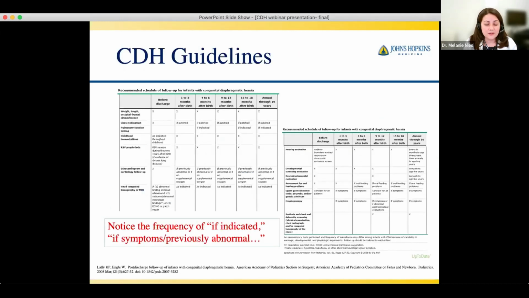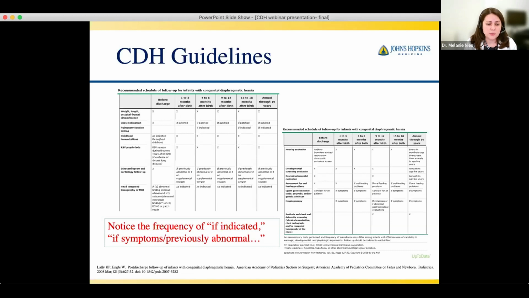So again, here are these comprehensive charts. You probably can't even read them because they're so crammed with information. But there are very nice intervals that are spelled out from before discharge all the way up to about 18 months of age, and then often annually.